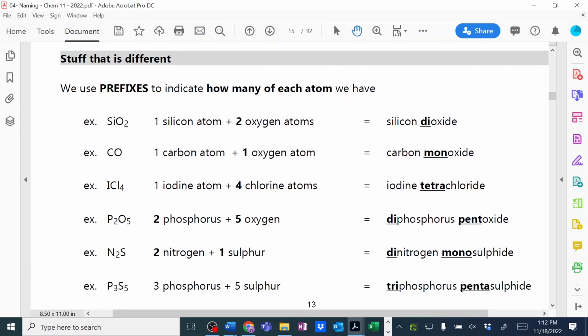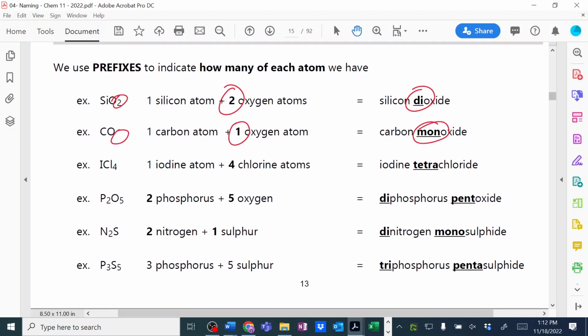So let's take a look at these. We have 2 oxygen atoms in silicon dioxide. We have 1 oxygen atom because there's no substitute in carbon monoxide.